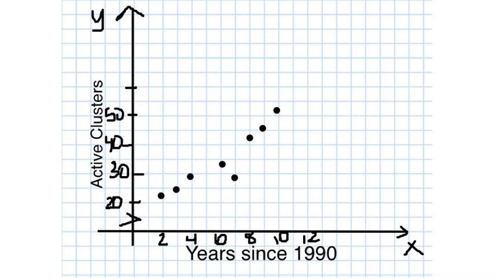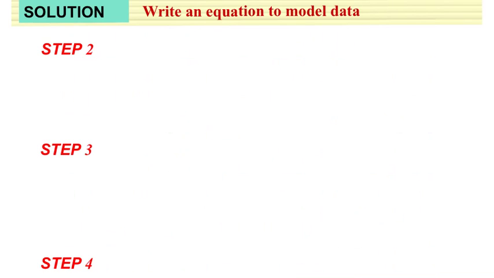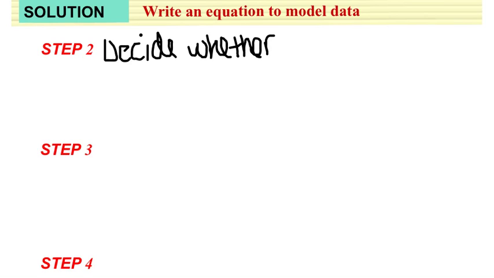Your scatter plot should look something like this, and as you can see, this has a positive correlation. So if we were to try to fit a line through here, that would look something like this. Alright, the next step after you do your scatter plot is to decide whether, and you should write this down on your guided notes, decide whether the data can be modeled by a line.